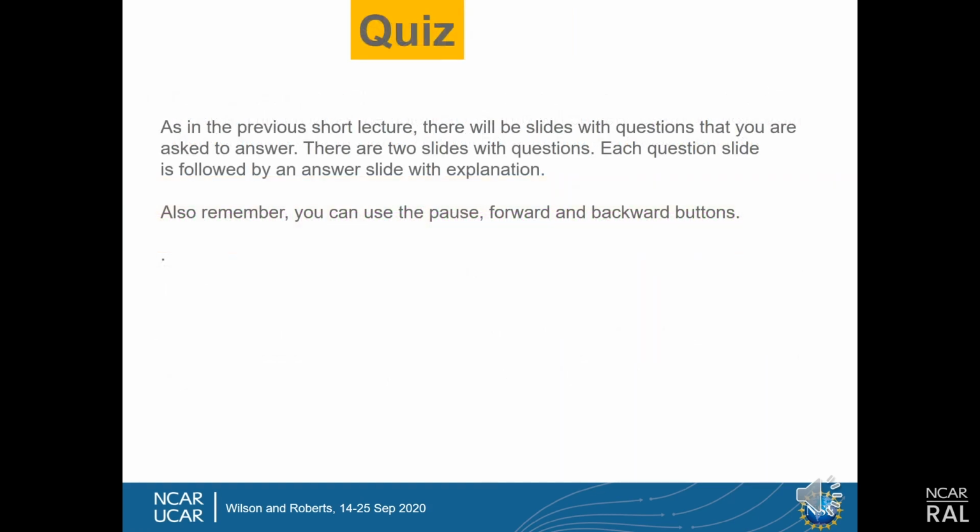So here we are, we're at the quiz point. And as in the previous lecture, there will be slides with a question that are then followed by the answers. And in this case, similar to the first quiz, there are going to be 2 slides with questions. And after each question slide, there'll be the answer slide with explanation.